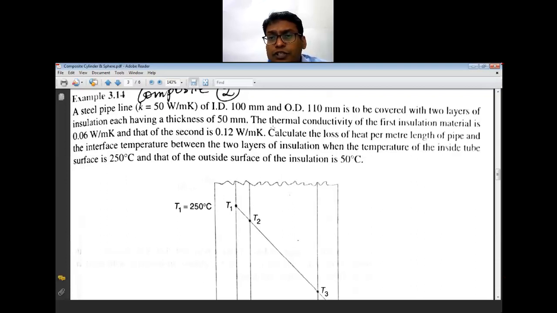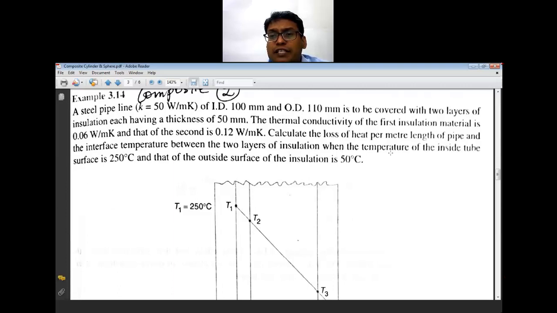The thermal conductivity of the first insulation material is 0.06 watt per meter Kelvin, and that of the second is 0.12 watt per meter Kelvin. Calculate the heat loss per meter length of pipe and the interface temperature between the two layers of insulation.